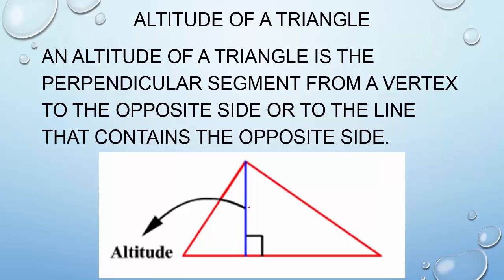So it creates a perpendicular distance from the side all the way up to the opposite vertex. So that's what you want to understand. The difference is the altitude creates a perpendicular distance, whereas the median is from the center all the way to the vertex.